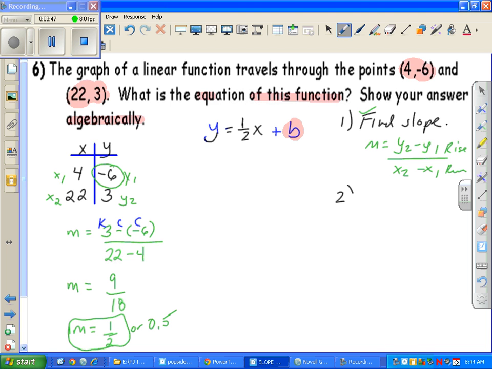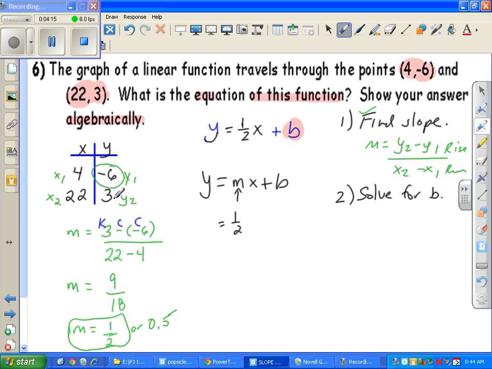Our second step would be to find that value. So we're going to need to solve for b. We're going to write the slope-intercept form, and we're going to replace 3 of these parts and leave the b as b. Now, the slope we just found was 1/2.